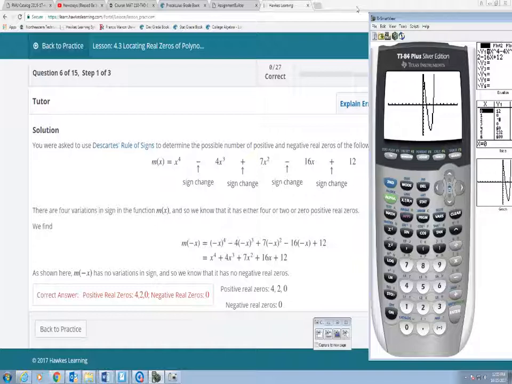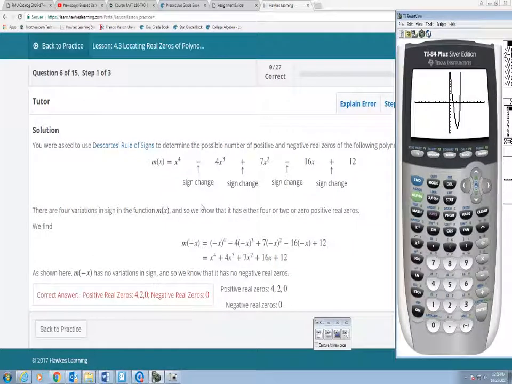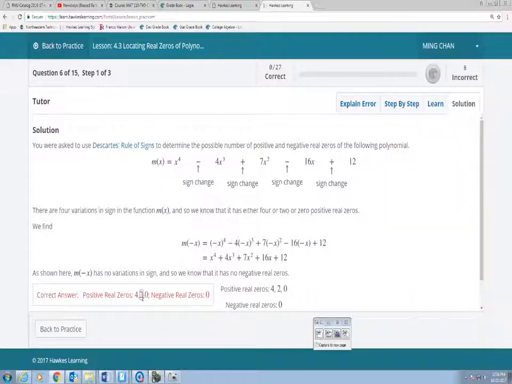Okay, so there's quite a few more things that I'm going to introduce to you before I show you the steps on how to find the zeros. Okay, the ultimate way. So I just want to use this example to demonstrate that even though I can have 4 or 2, 2 minus 2 can also tell me that I could have 0.